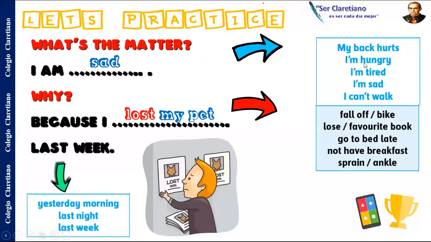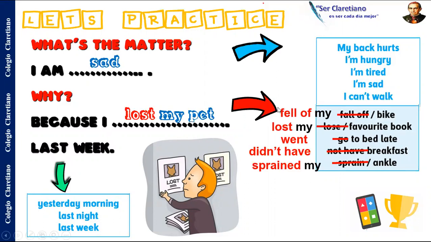Teacher, I am hungry. Why? Let's see. Shania, if you ask me, what's the matter? I am hungry. Why, Shania? What is the reason for hungry? Because I didn't have breakfast. Very good. I didn't have breakfast. This is the reason for hungry.